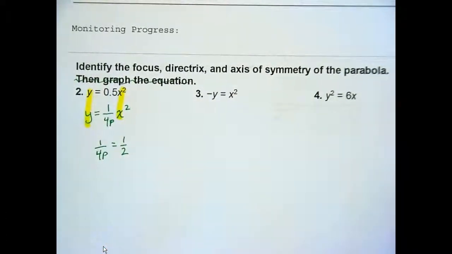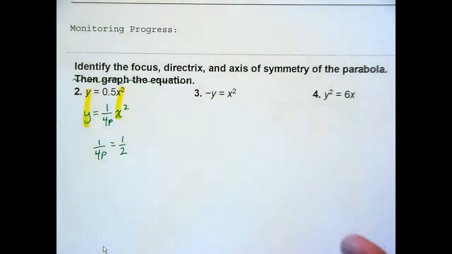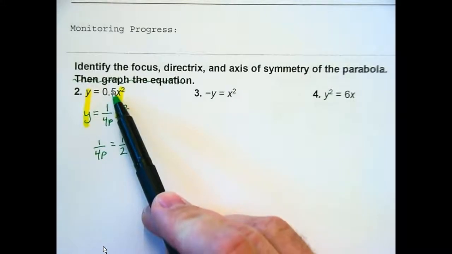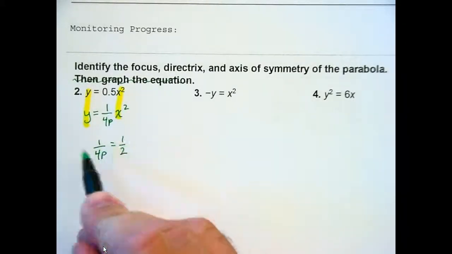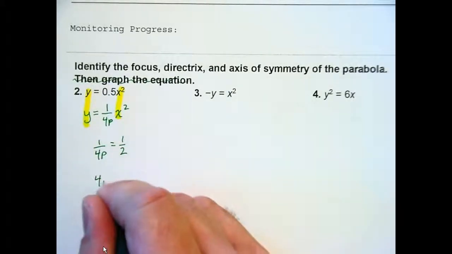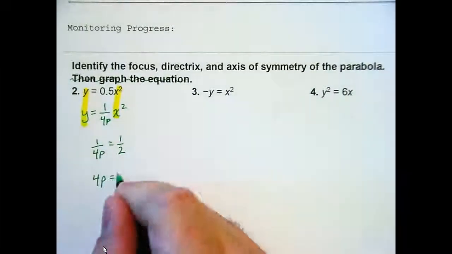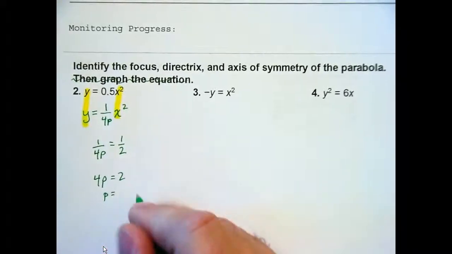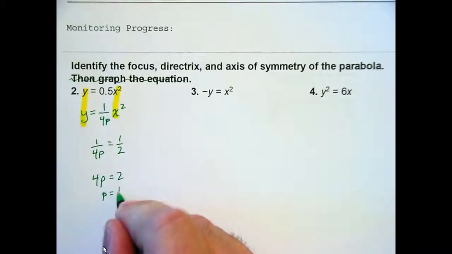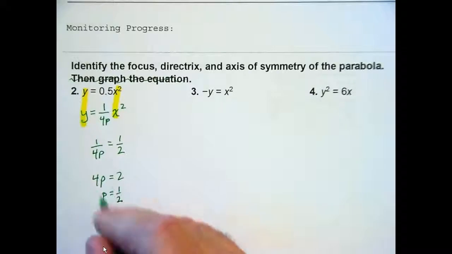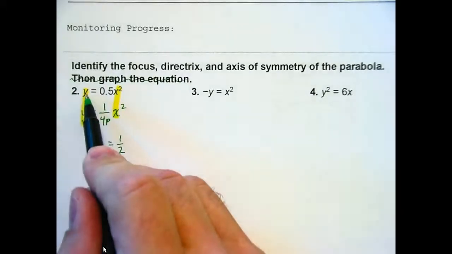Okay, did I lose anyone right there? This equals that. Now, you'll notice that the ones are the same, which really means 4p equals 2. So what's p? It's 1/2. So if we're identifying the focus, we know that this parabola opens which way?